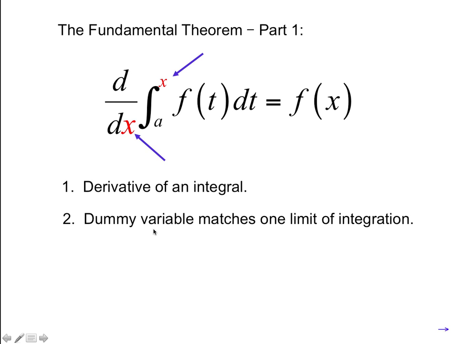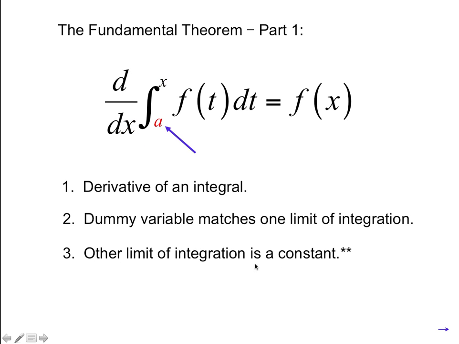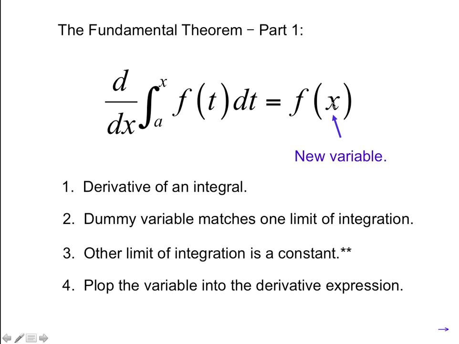And that answer is yes. So we move on. Is the other limit of integration a constant? Again, I'm going to address this asterisk eventually in a few slides. And in this case, yep, that's what the notation says. So if I've met these three conditions, then I can go ahead and plop in my x into my existing function. Notice I have little f here, meaning the derivative, and little f here as the same functions. It's just that there's now an x there where there was a t.